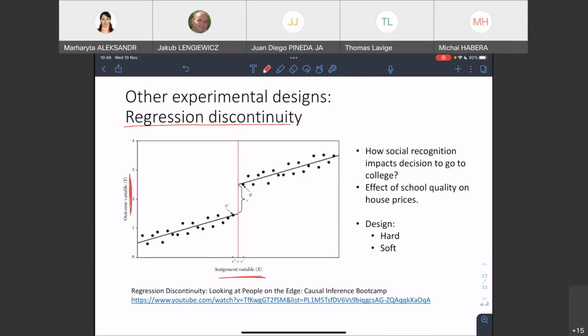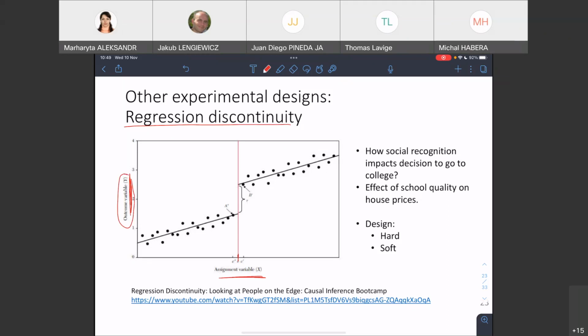Assume that we want to measure the effect of having a diploma of recognition on our possibility to enter and be able to study at the university. This research was done in the US.